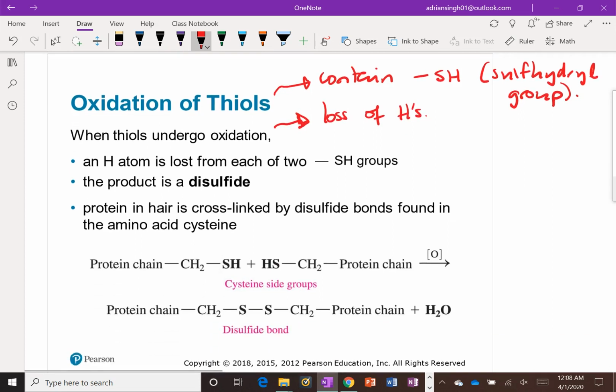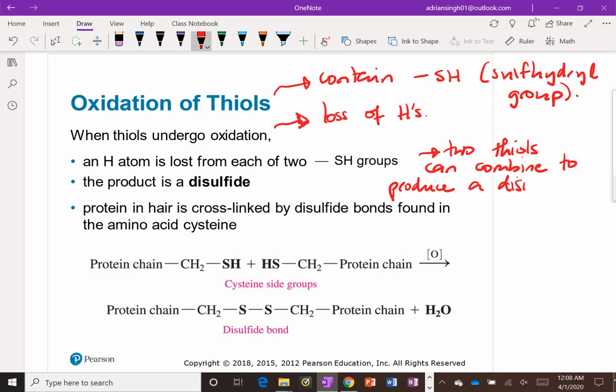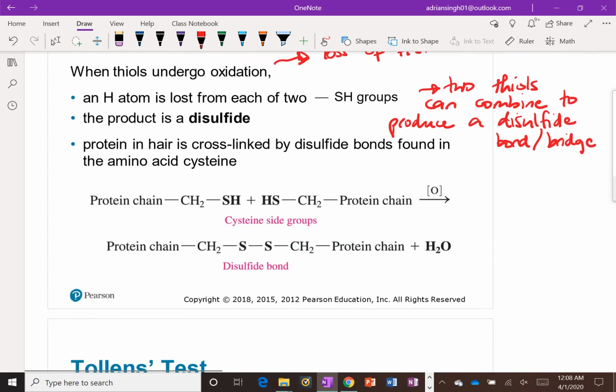And what occurs is two thiols can combine to produce what's known as a disulfide bond or a disulfide bridge, as those H's are lost and the sulfur then combines with the other sulfur that's right next to it.